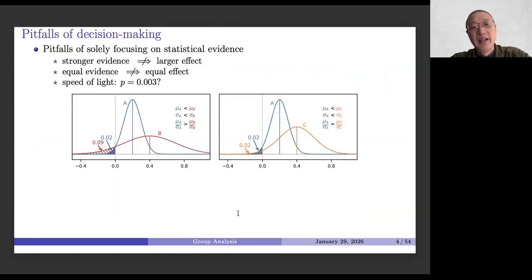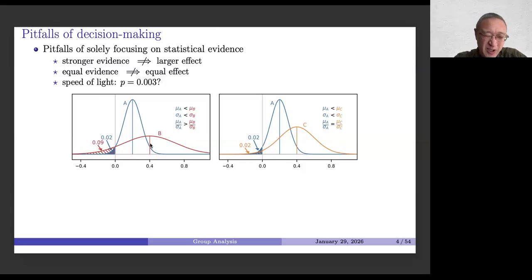This is another angle to visualize the problem if we treat the statistical evidence as a decision-making process. On the left-hand side, you see two results, right? The blue one and the red one. If we only focus on the p-value, the left tail, the blue one, the p-value is small, right?